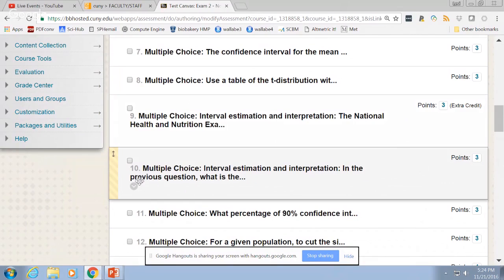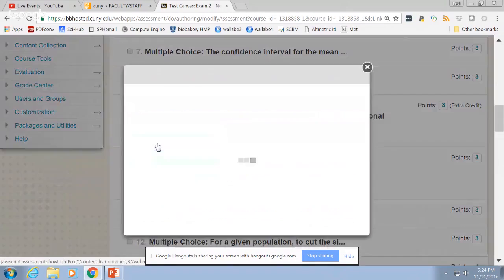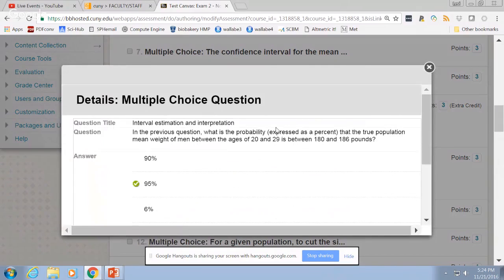Question... let's see. What is the probability expressed as a percent that the true population mean weight between the men is between 180 and 186? And the answer is 95 because the margin of error is 6 pounds for the 95% confidence interval.